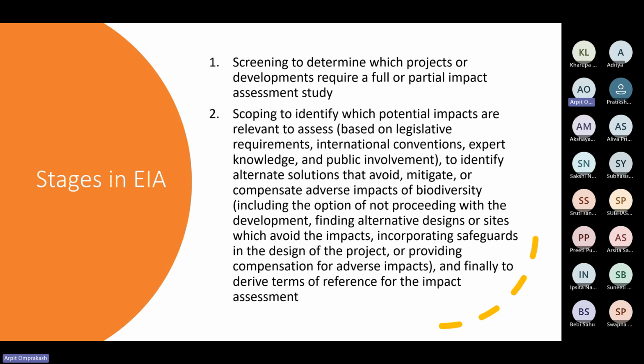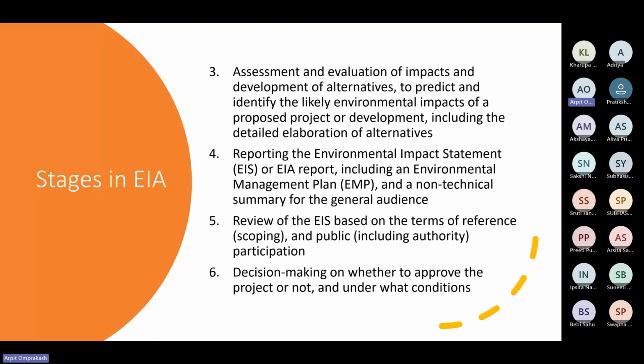That's something that can be proposed. And finally, to derive terms of reference for the impact assessment. So basically, they'll have some reference values of how this project is going to impact the environment, and check these impacts to see if they're going according to the reference.